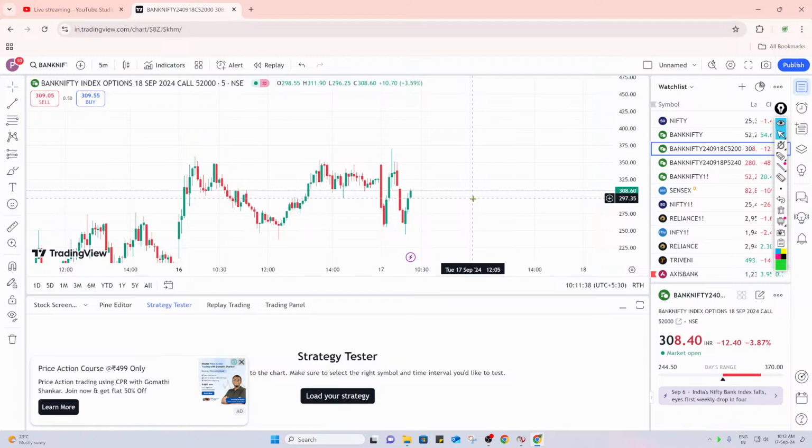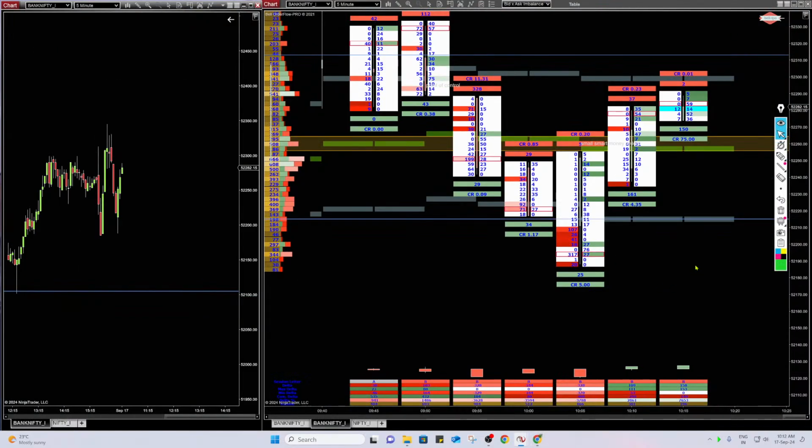297 is around 11 points. I am not using stop loss because I'm a kind of experienced guy and I will try to execute my trade at that level or even hold it. But I suggest you guys use the stop loss very accurately.